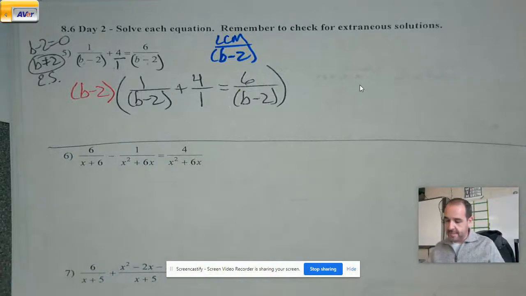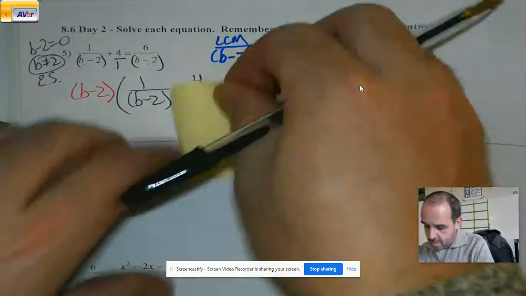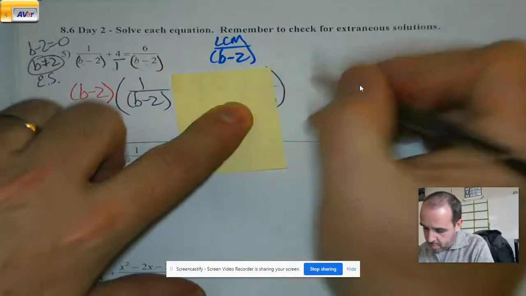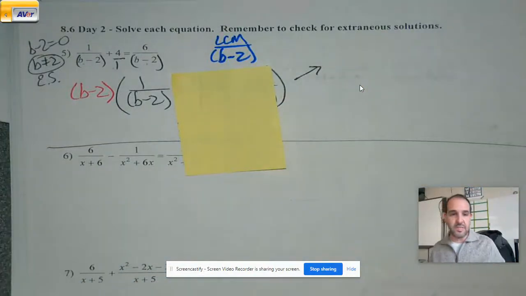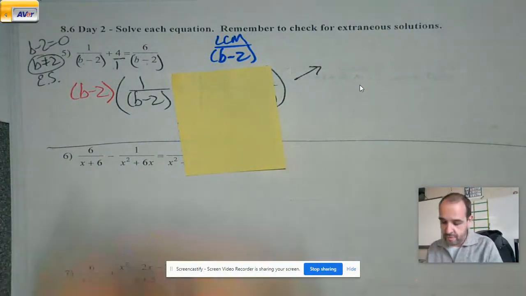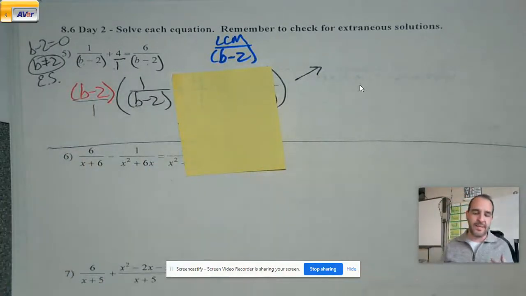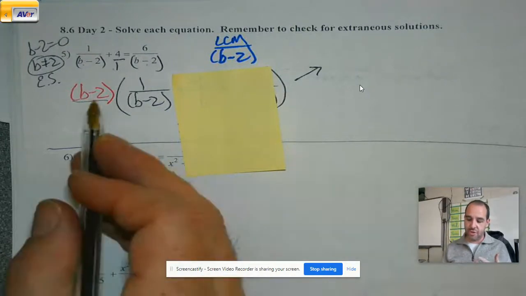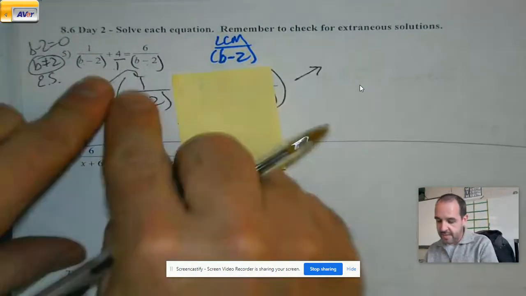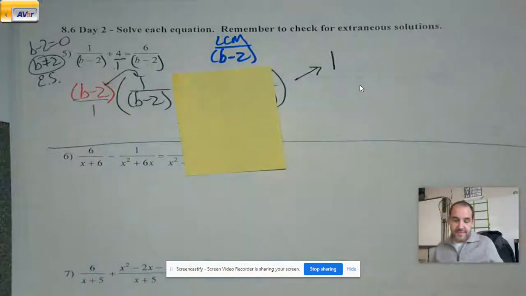So here, for instance, one fraction at a time. If I was multiplying these, if you want to put this over 1 even, you can. The B minus 2s are going to cancel. Now, I'm not going to cancel them out here physically because if I did, I'm going to forget that this distributes. So when I come to here, those cancel out. I have 1. That's it.